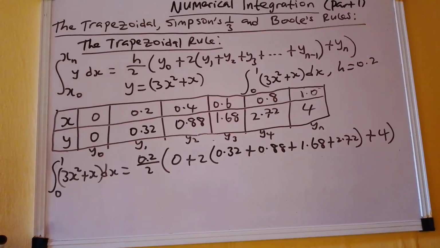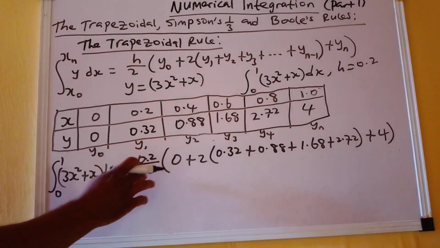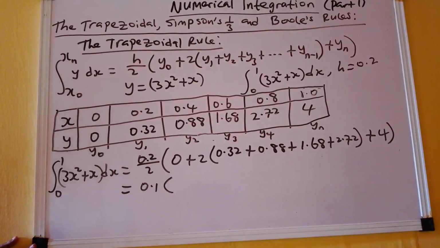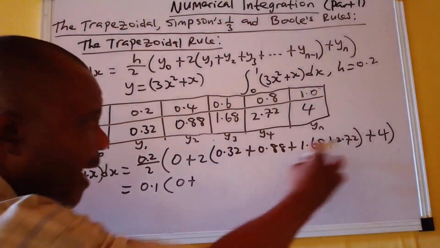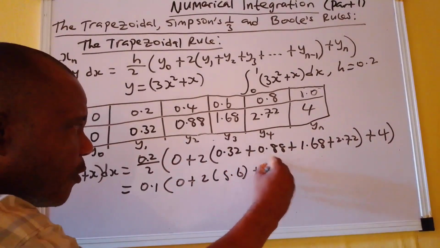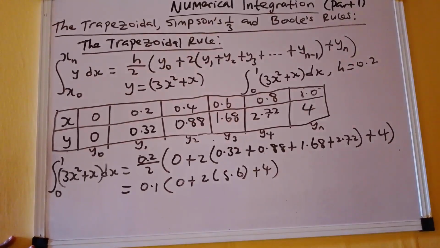So if you come here right away, when you have all this, you are going to have 0.2 over 2, which is 0.1, into, when you add everything up, 0 plus 2 into 5.6, then plus 4, then you cover the bracket.